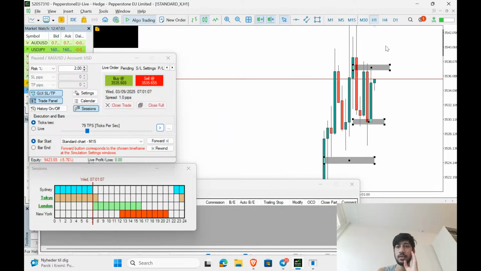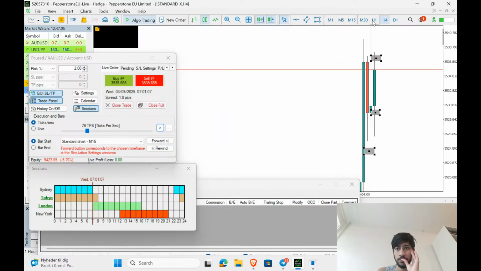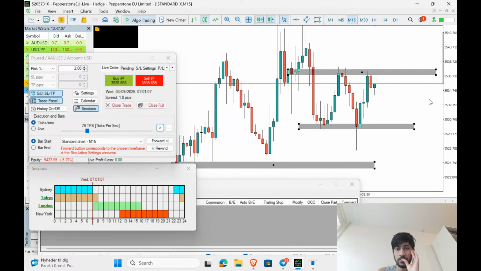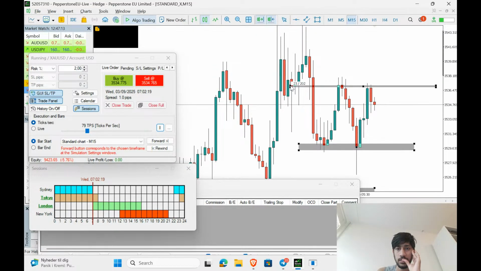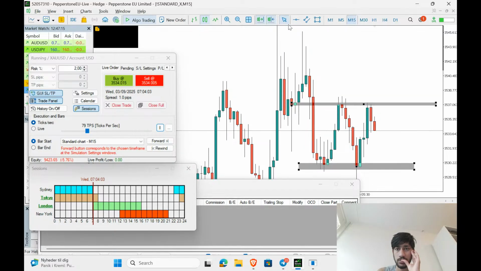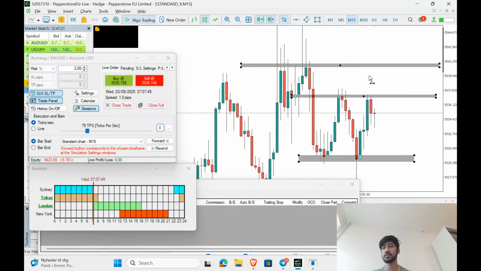M30 rejecting, H1 rejecting, H4, M15 not confident because this candle is a weak candle for me to sell. But if this candle forms bullish, breaks out the high and closes up, then it's very high chance that we will go bullish.